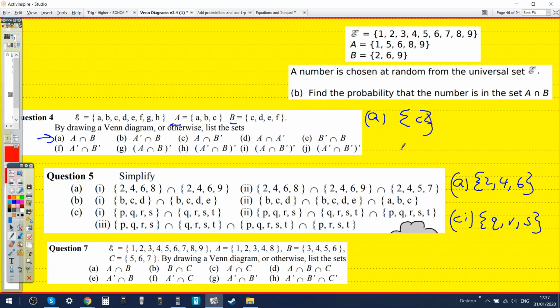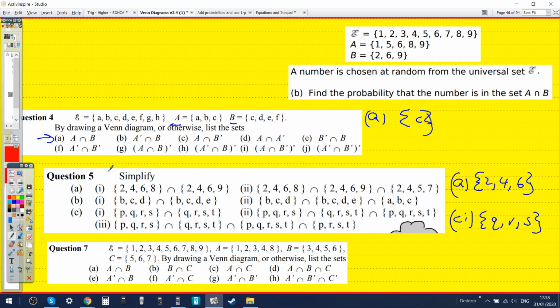And then this one up here. Exam question. What does it mean when they have an apostrophe in the corner? For example, for F, with question 4. F, that means not A. So the numbers that are not in A. Okay. The top one you said?